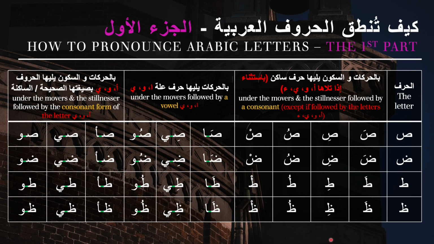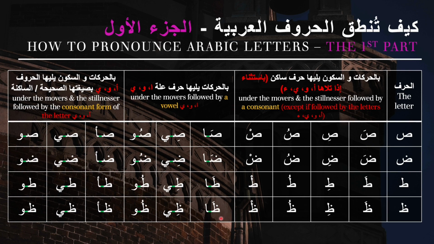I guess you started realizing when we have only the harakat or the movers, it's short. The vowel is not really extended. When we have it followed by the vowel, it is extended based on the vowel, and always when the letter has fatha and is followed by the letter alif as a vowel, it becomes together da.